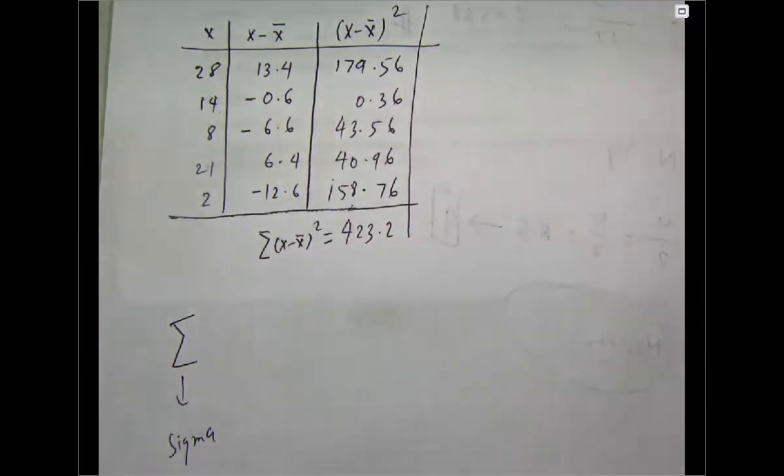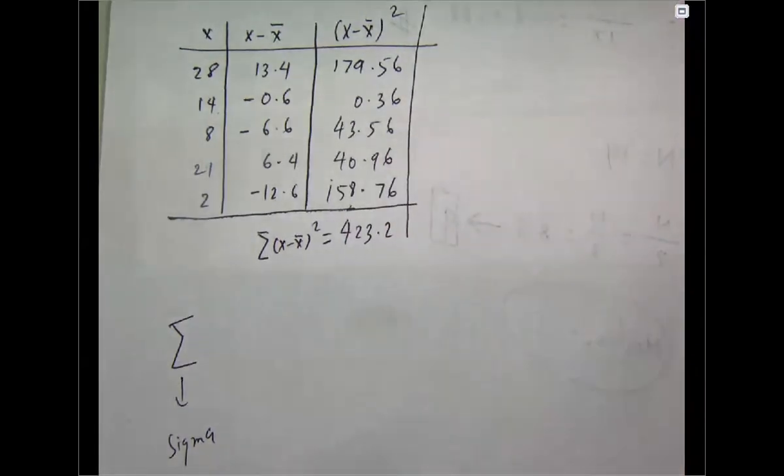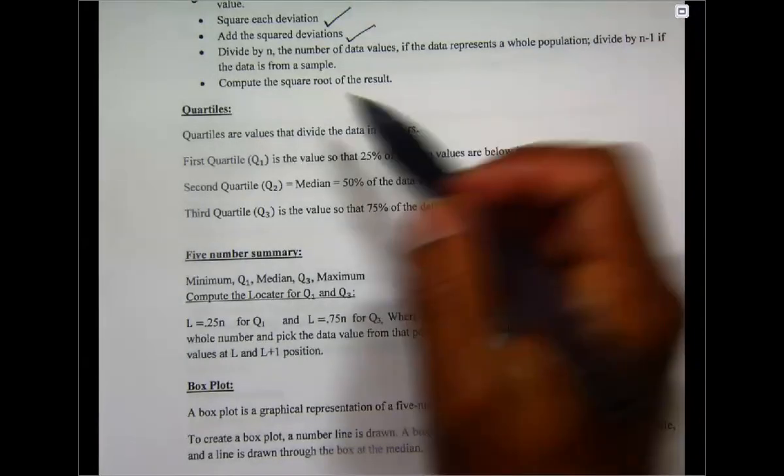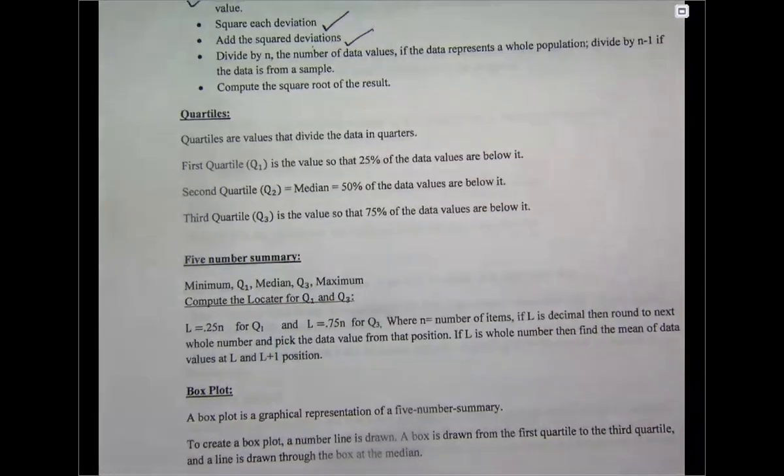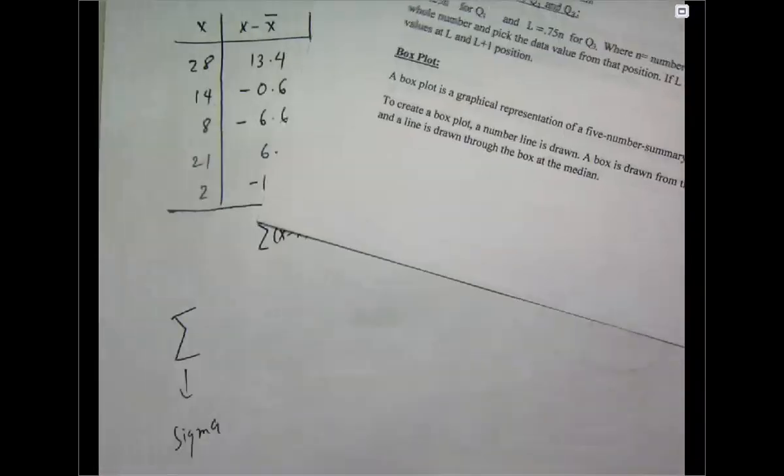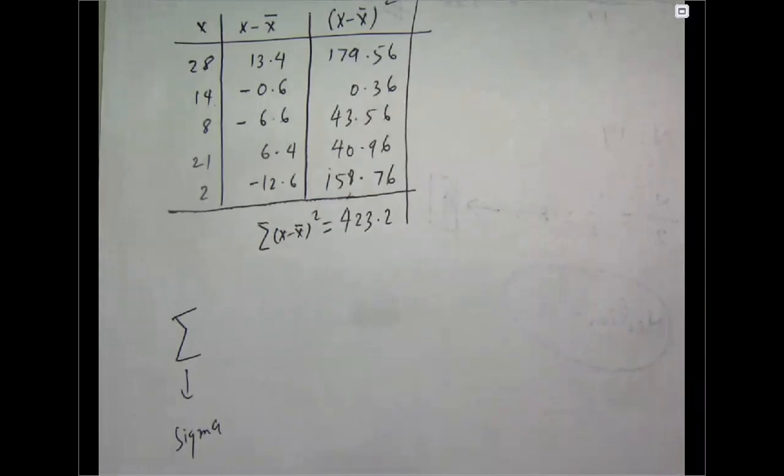That means I'm adding that column of x minus x bar squared. Make sense? That is our step 3. If you check your notes, you can see that add the squared deviations. Sigma is just a notation for the addition.